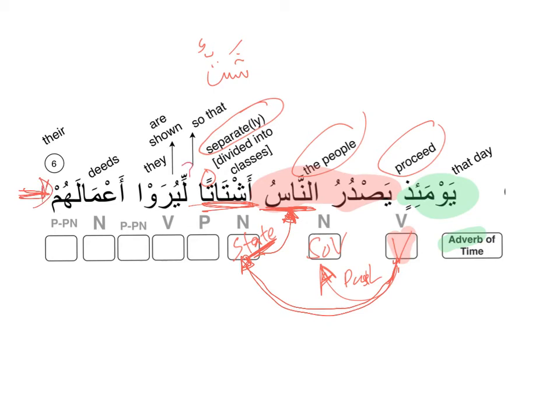So you see here li. Remember li is usually a preposition like lillahi. But when you see what comes after the preposition is a verb that begins with ya, most likely it's a verb, present tense.